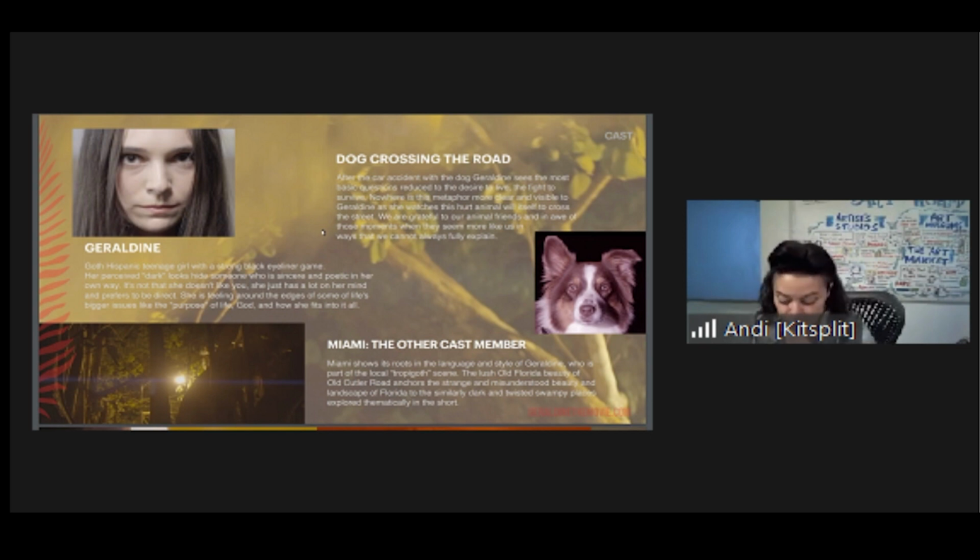The only note I have on this is I would love a line about what Geraldine wants, just what she wants as a character, either an overarching want for her life, but more importantly, what does she want in the purpose of the film, right?